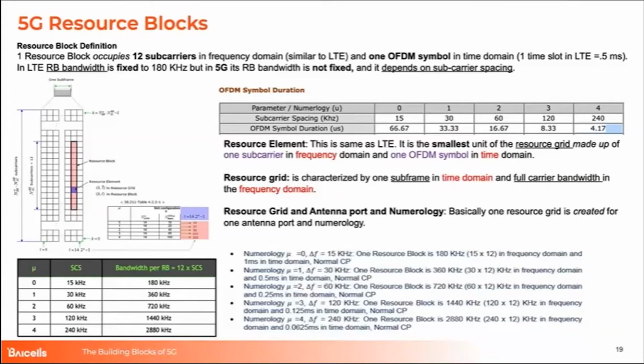This is the 5G setup if you need to configure your eNodeBs and gNodeBs to get the proper bandwidth. The spacing is 15, 30, 60, 120, and 240. And the duration in microseconds splits in half as you go on. This is half of 66, half again, all the way to 4.17 microseconds for numerology number 4.